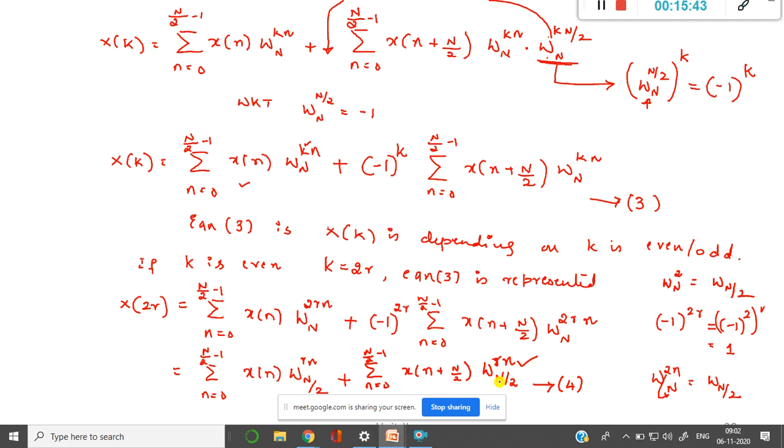So I'll take them outside as a common factor, so that this x of 2r will be equal to summation n runs from 0 to N by 2 minus 1, x of n plus x of n plus N by 2 into W_N by 2 to the power of rn. So here also it is x of n plus x of n plus N by 2.